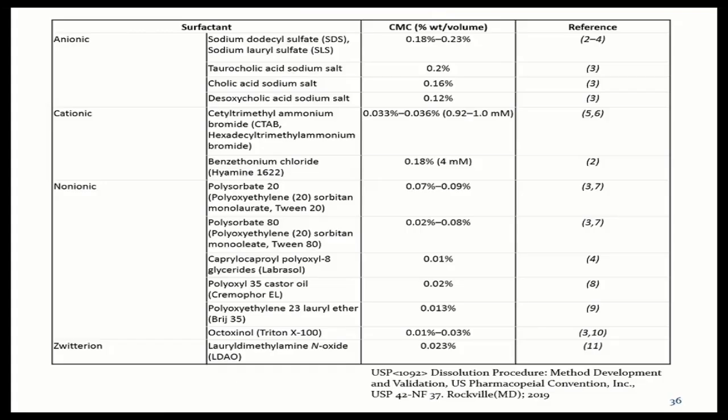And again, that critical micelle level in percent weight per volume is 0.23% or greater that we need to be to have an effect. So this is showing the CMC, the critical micelle level, for each of these different surfactants.